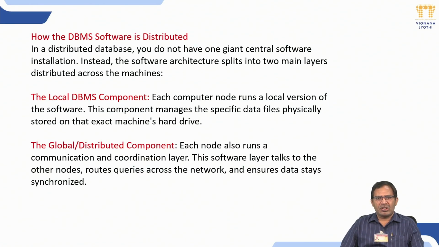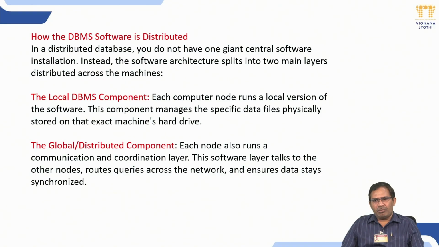How is the DBMS software distributed? In a distributed database system, we don't have one central software installation; the software architecture splits into two main layers, titled the local DBMS component and the global distributed component.